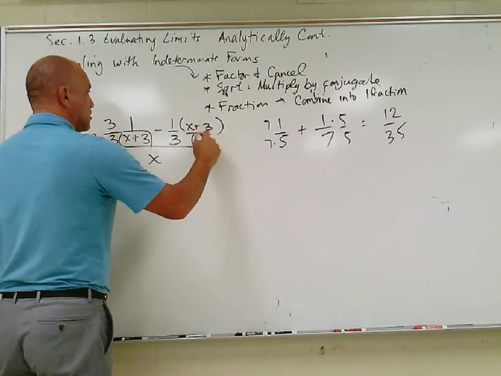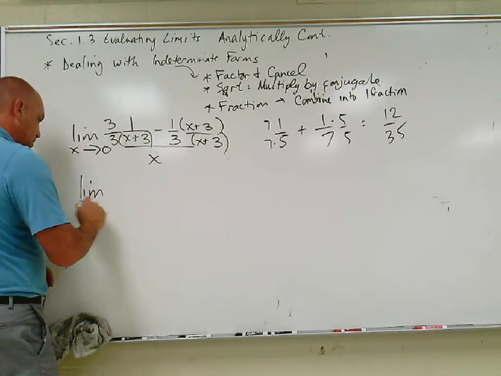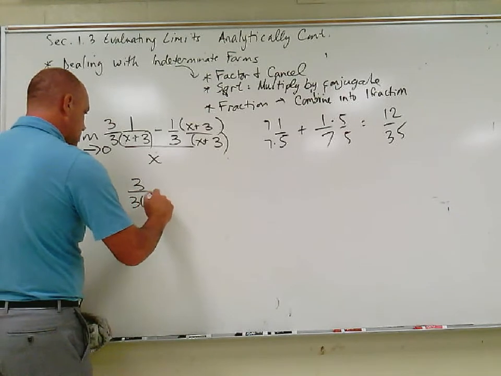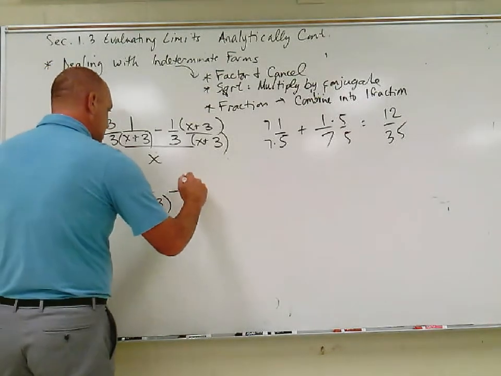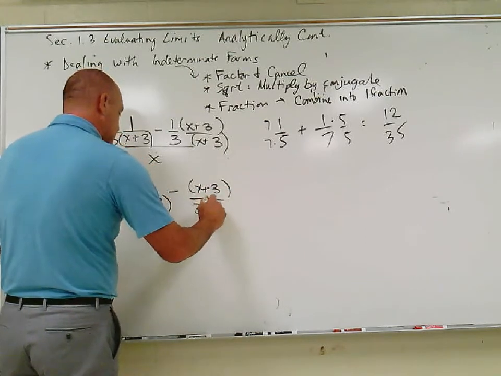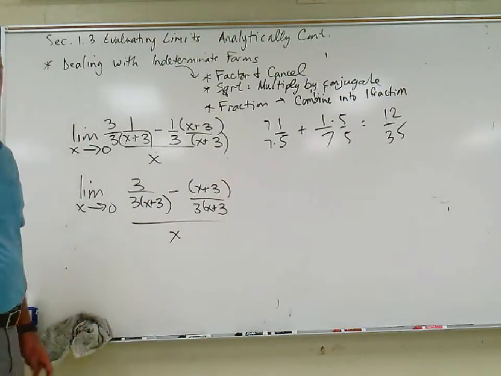over x plus 3. So now when I do that, I have the limit as x approaches 0 of 3 over 3 times x plus 3, minus x plus 3 over 3 times x plus 3, all over x. So there I got a common denominator.